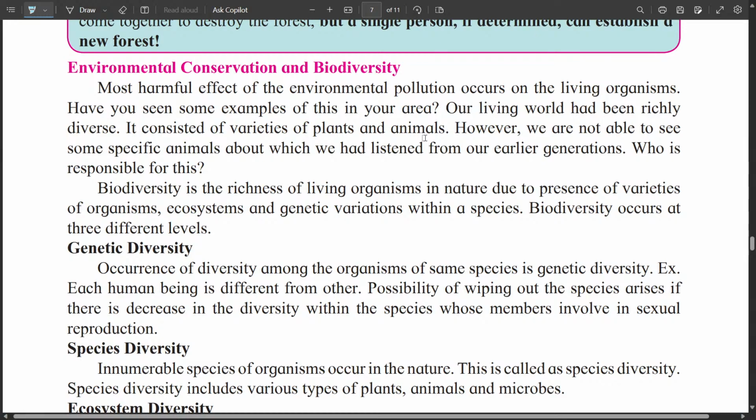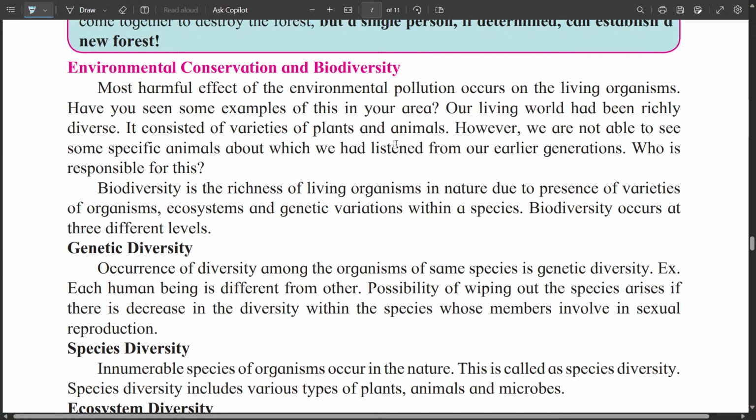Our living world had been richly diverse. It consisted of various plants and animals. However, we are not able to see some specific animals about which we had heard from our earlier generations. Where have they gone? They have become extinct from this earth, or they have reduced to such a small number that they are seen very rarely.